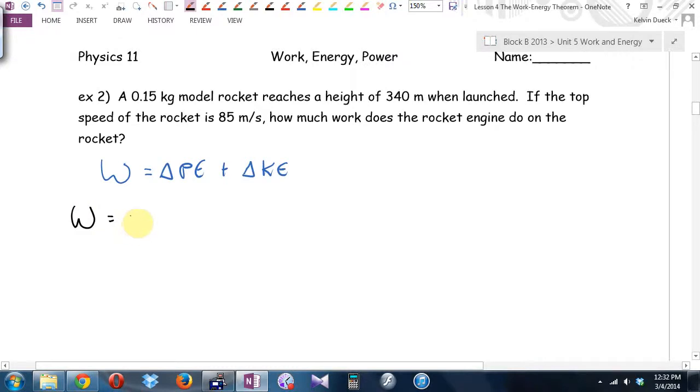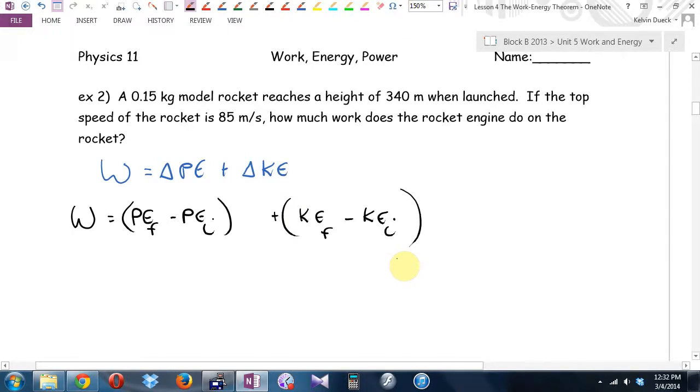It's going to be potential energy final minus potential energy initial plus kinetic energy final minus kinetic energy initial. If you want to, Jake, you can kind of mentally put brackets there. The brackets don't make a difference in terms of mathematics, but if you want to put them there so you can see the first one is the change in potential and the second one is the change in kinetic, fine.